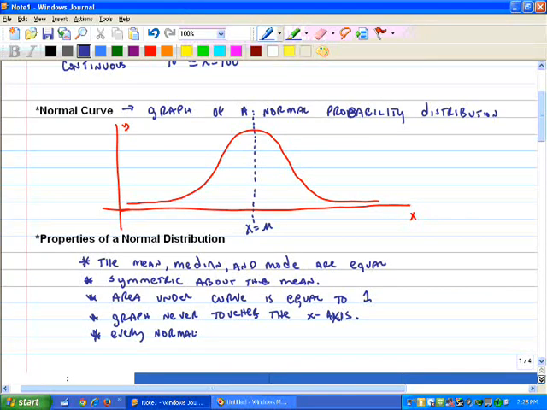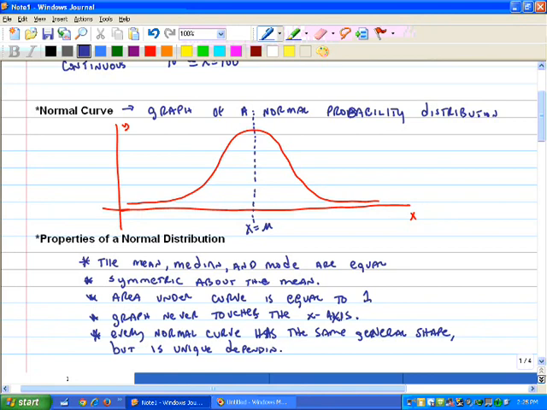The graph of every normal distribution, or every normal curve, has the same general shape. Bell-shaped. But it is unique depending on its mean and standard deviation.